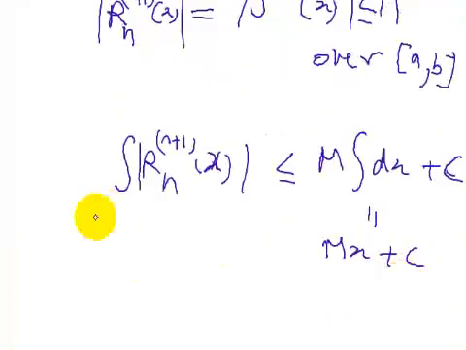So this one is bigger than. When you shift this modulus sign, that means you take this integral sign inside of the modulus. When you do that, this integral is smaller than.